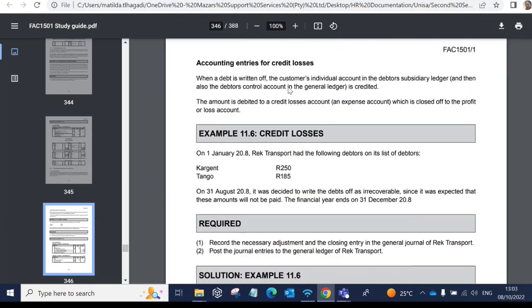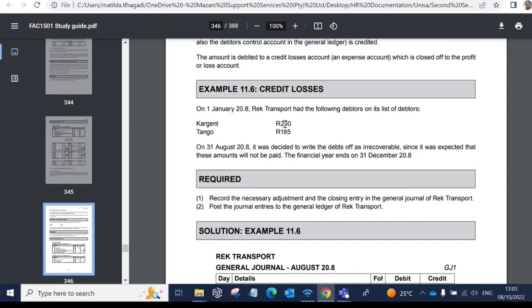So example 11.6. On the 1st of January 20.8, REC Transport had the following debtors on its list of debtors. So the data, they've got Cargent 250, that's owing REC Transport, and Tango owed REC Transport 185.